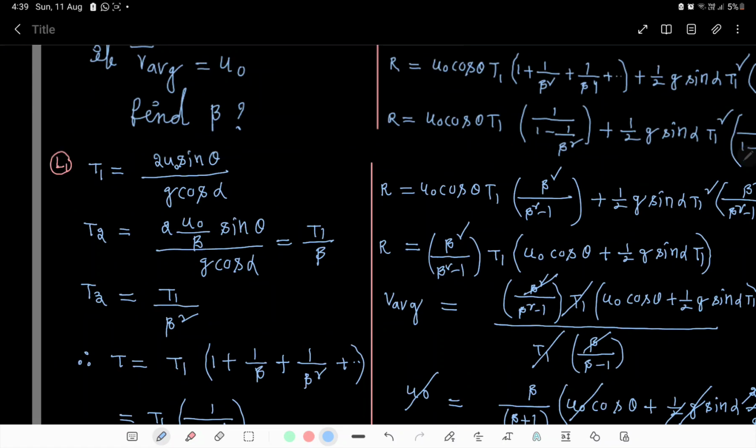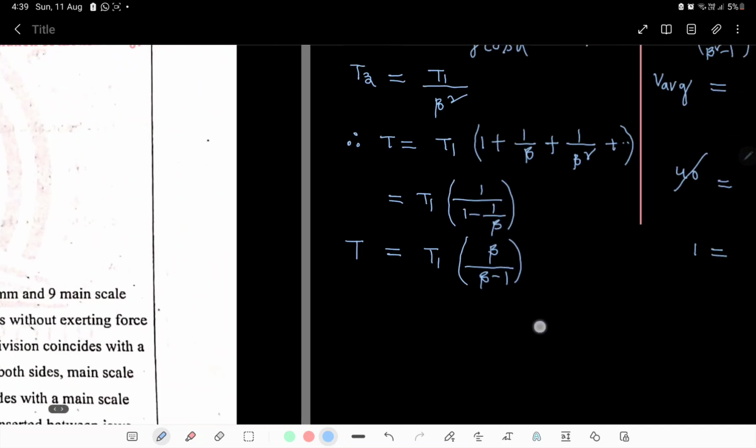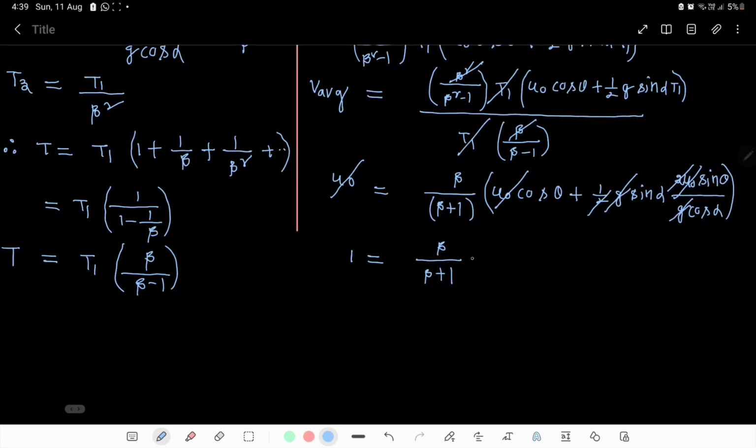Theta is given as 53, so cos 53 degrees plus tan alpha, where tan alpha is given as 37, into sin theta. Sin theta is again sin 53.